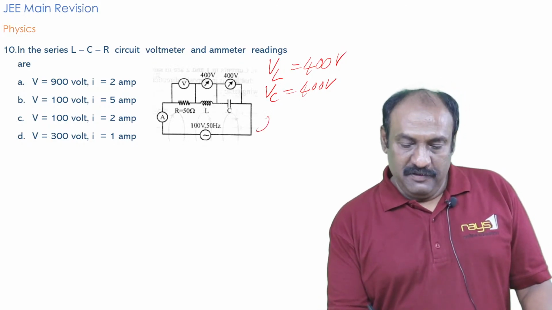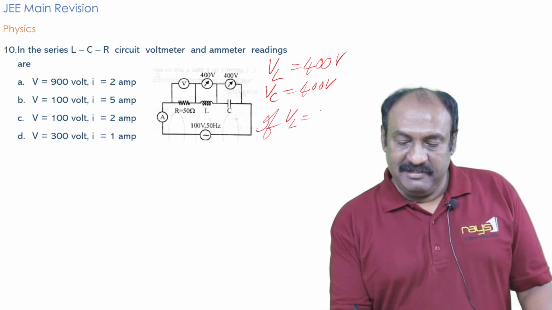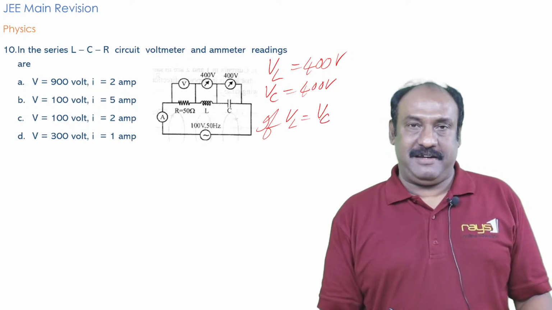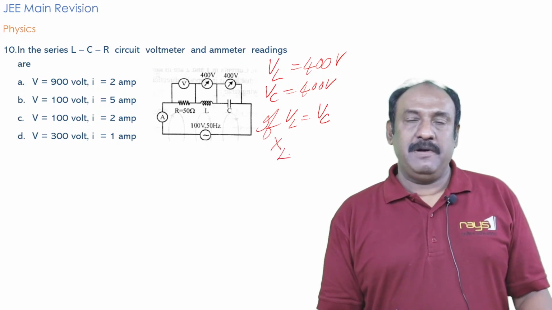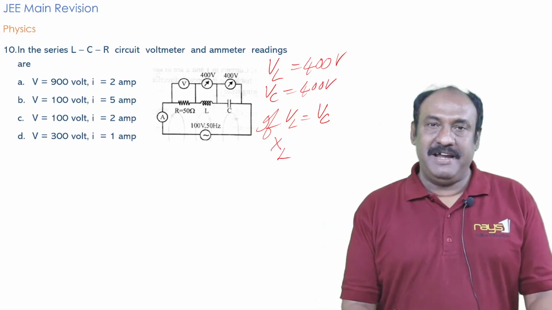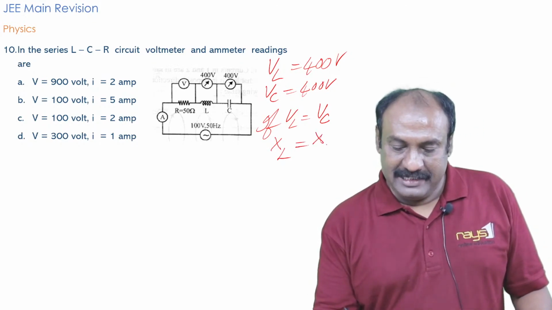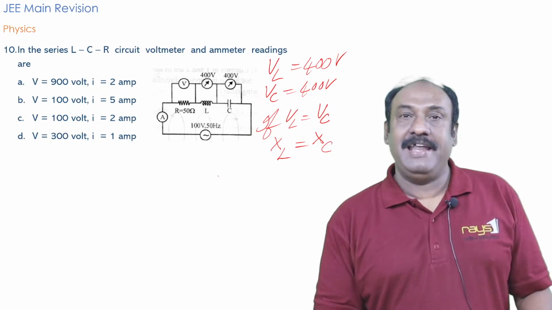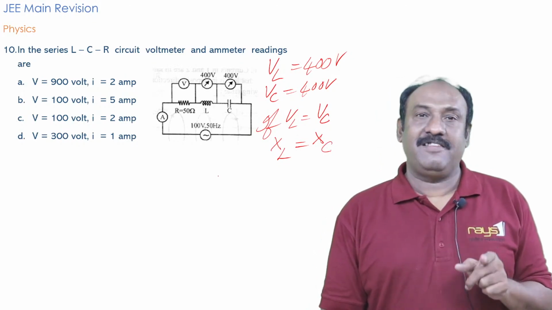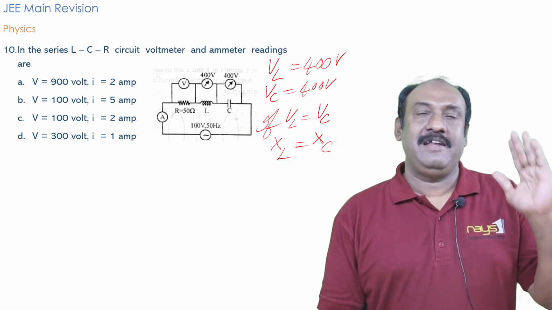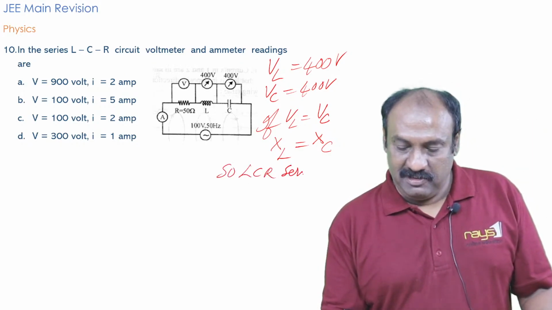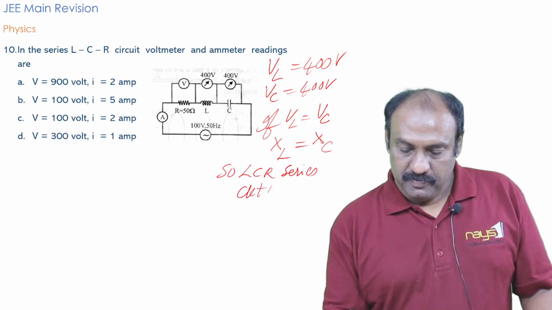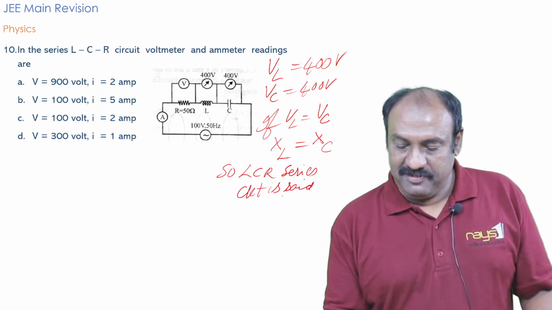We know that if the voltage across the inductor is equal to the voltage across the capacitor, the reactance offered by the inductor is equal to the reactance offered by the capacitor, and then this LCR series circuit is said to be in resonance.